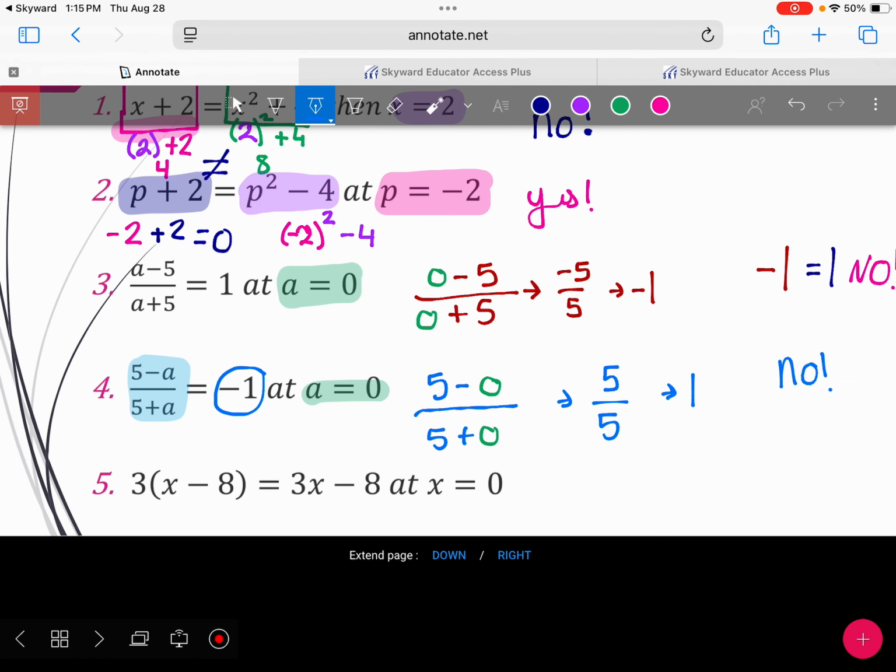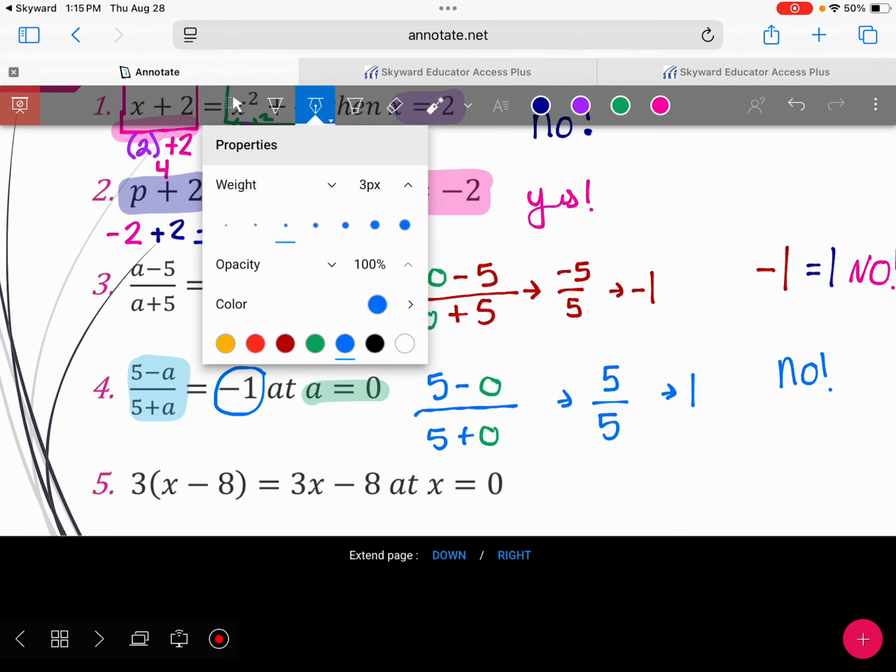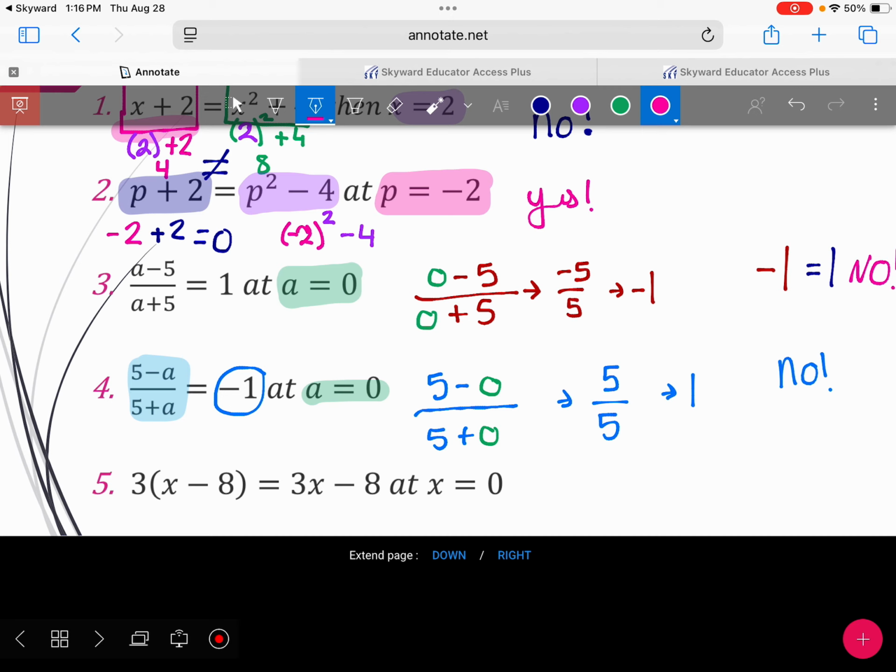What do we think on this last one? Do they match or do they not match when x is 0? They look real similar. What do you think?